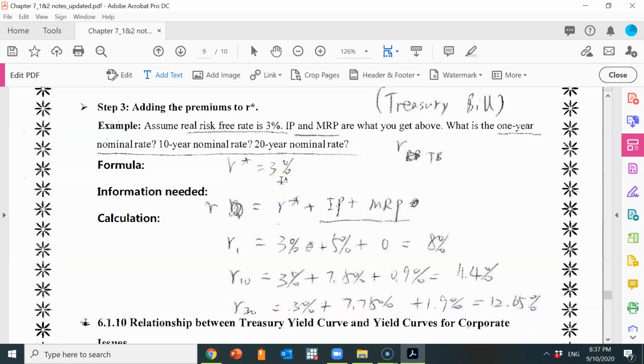It's given. For the 1-year bond, the nominal rate is 3% plus IP that we already calculated in step 1 as 5%, plus MRP we calculated from step 2 as 0. So we have the nominal interest rate for a 1-year bond as 8%.